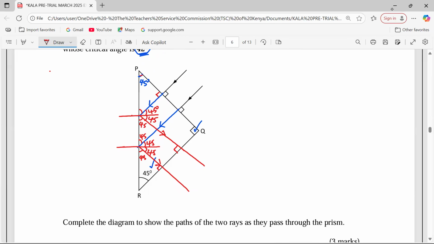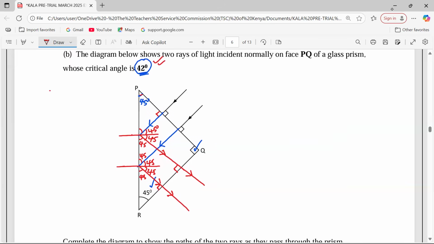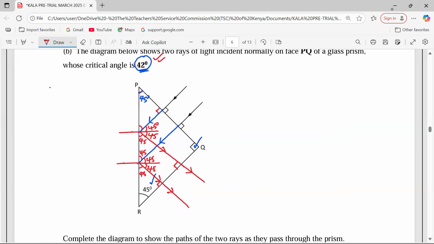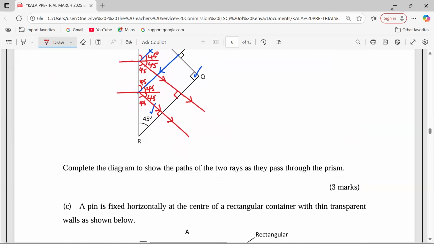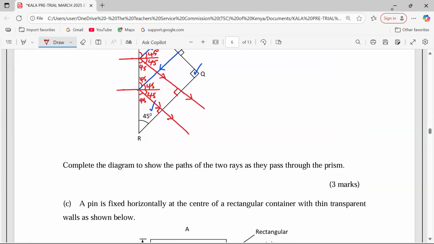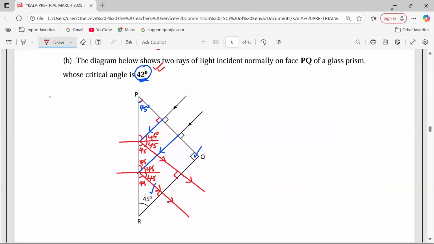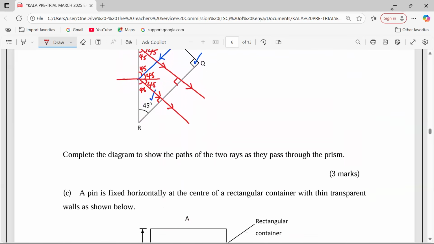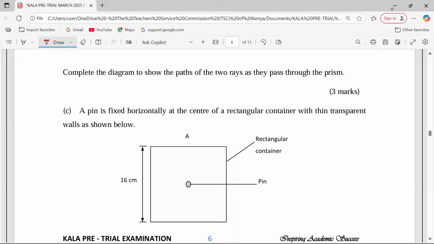And just as the rays entered, they shall exit undeviated back to air again. So that's how the rays are going to travel through the space. This is called geometrical optics, the behavior of light as light traverses from one medium to another.